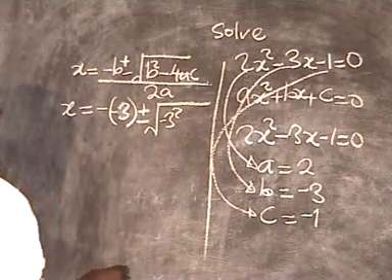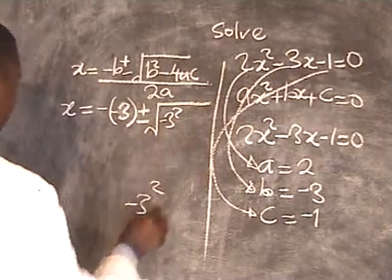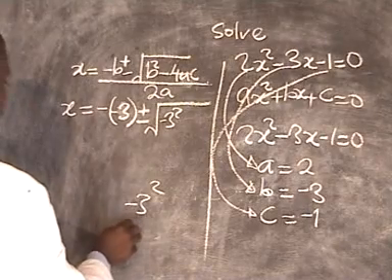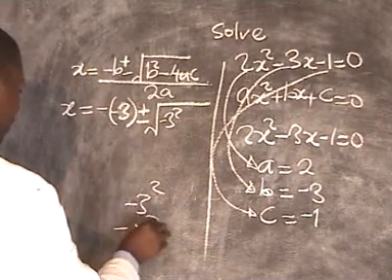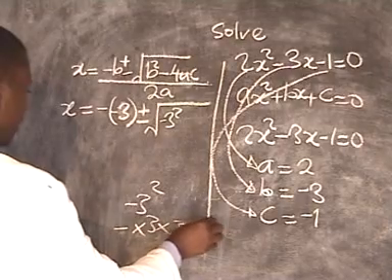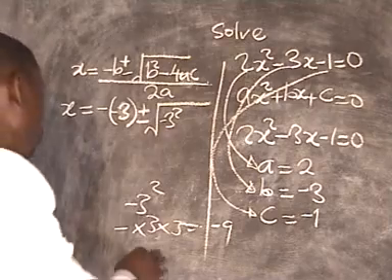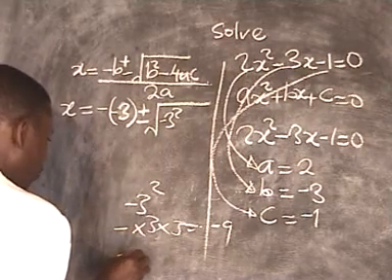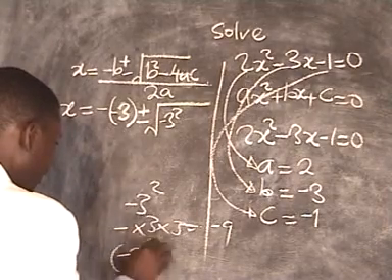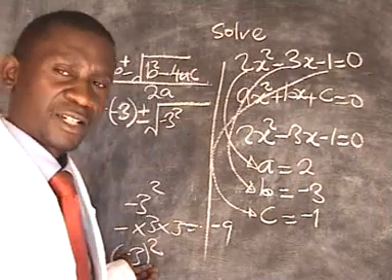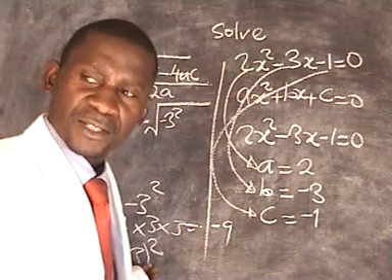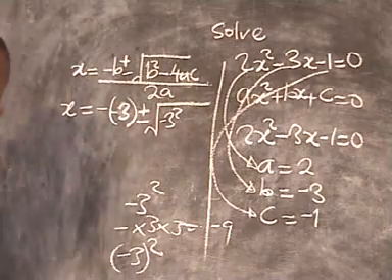It can be a mistake to write it as negative 3 squared like that, because what it means is negative times 3 times 3, and you can end up getting a negative 9. So the correct way to present that negative 3 squared is to write this negative 3 in brackets, so that you have negative 3 by negative 3, and you get a positive 9.